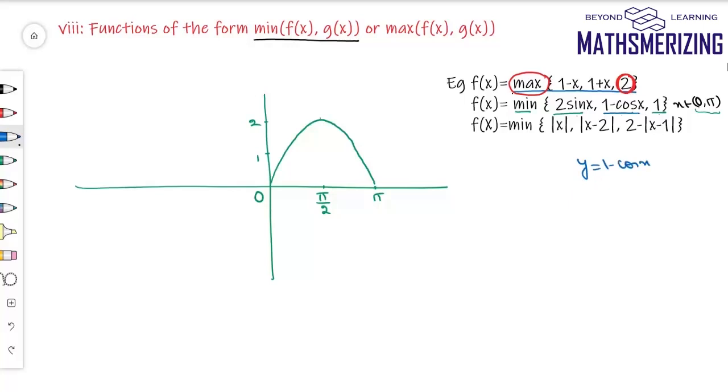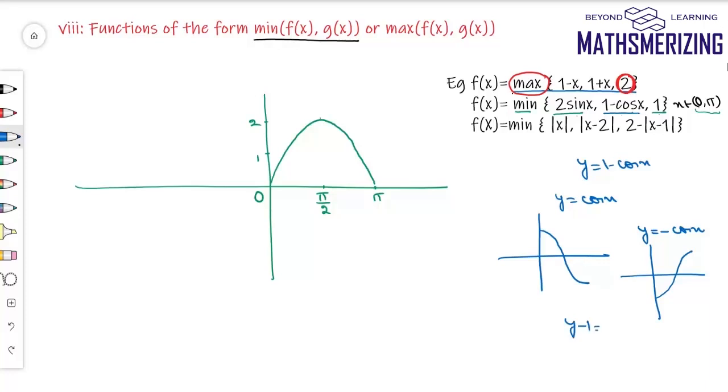Now in order to draw the graph of 1 minus cos x, my basic graph is y equals cos x. And then I'll take the transformation of minus cos x, which is to rotate the graph 180 degrees about the x-axis. And then finally take the transformation y minus 1 equals minus cos x.